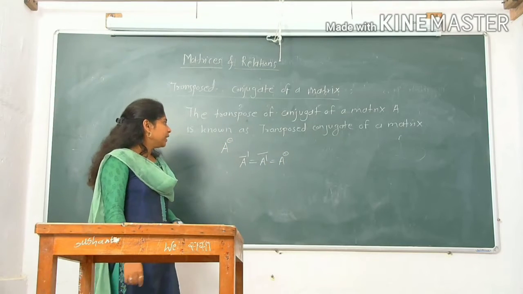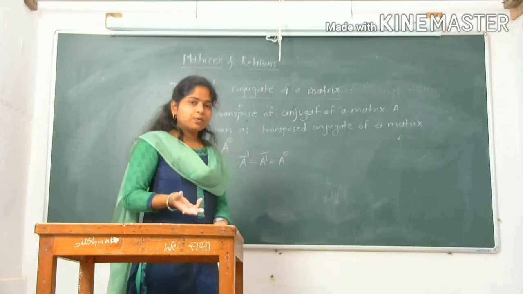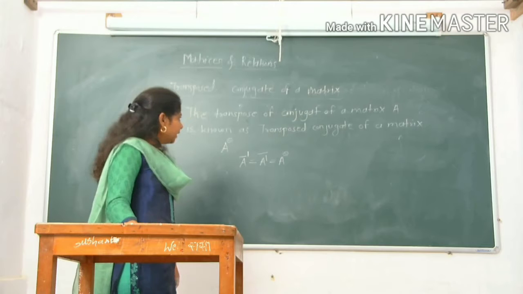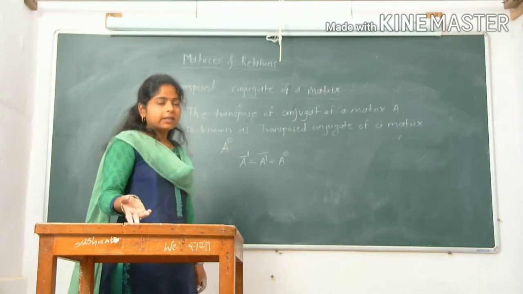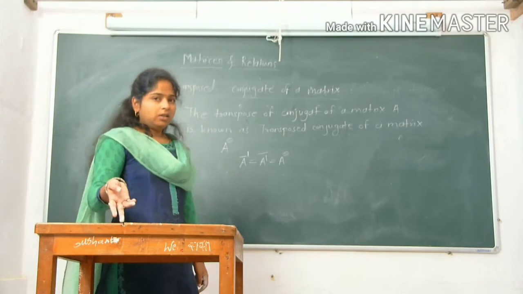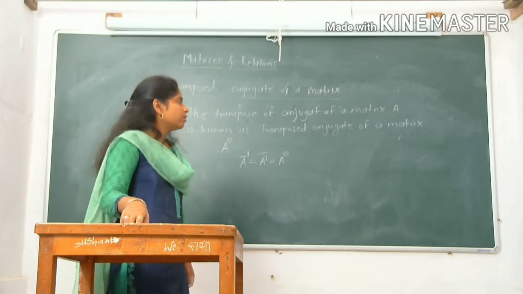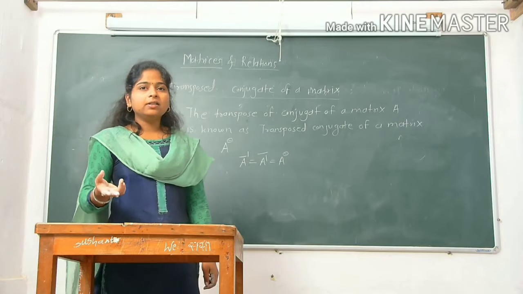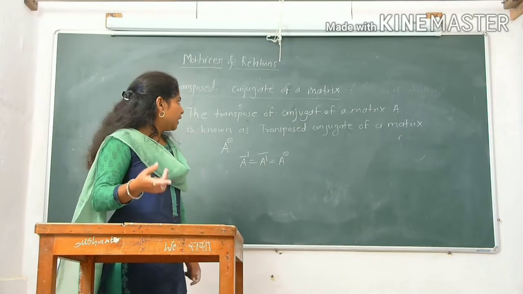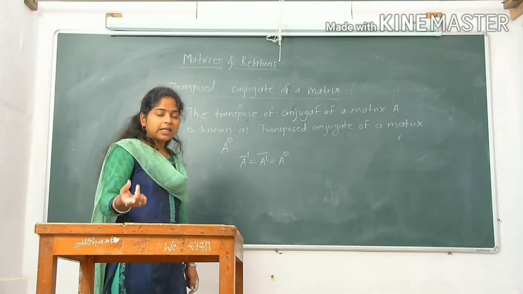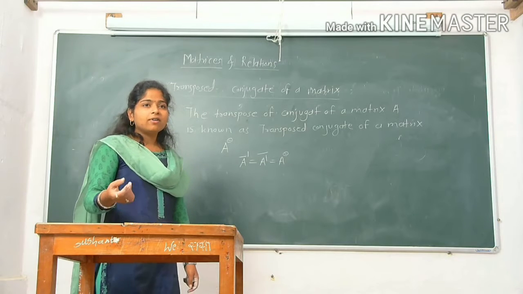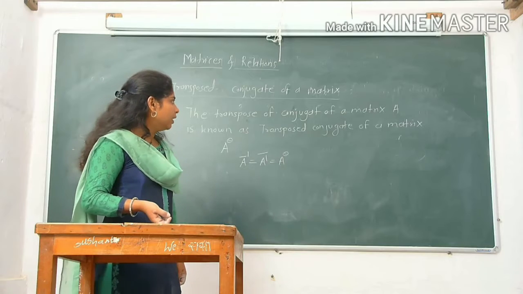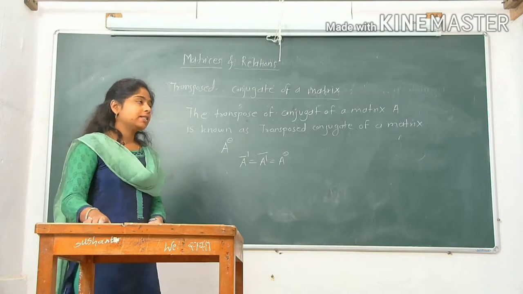That is, if we either first take its conjugate and then take its transpose, or first take its transpose and then take its conjugate, both are equal. Let us see one example.